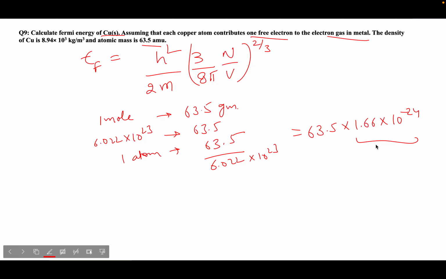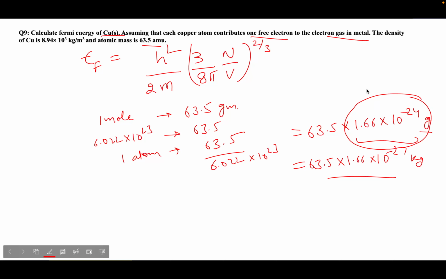This is in grams actually. So this is 63.5 into 1.66 into 10 to the power minus 27 kilogram. So we know this quantity actually.